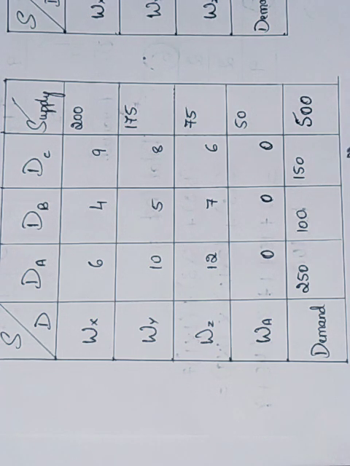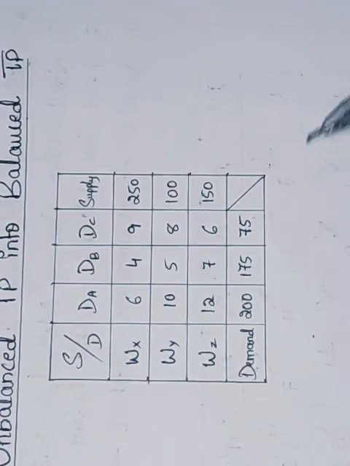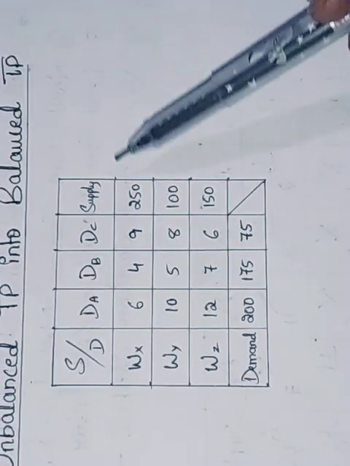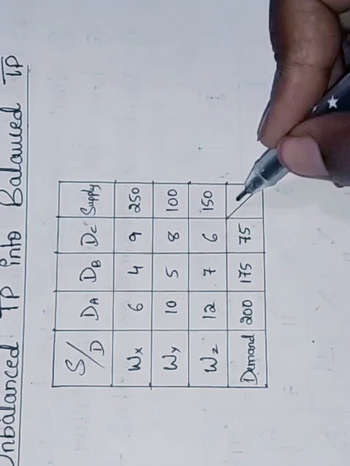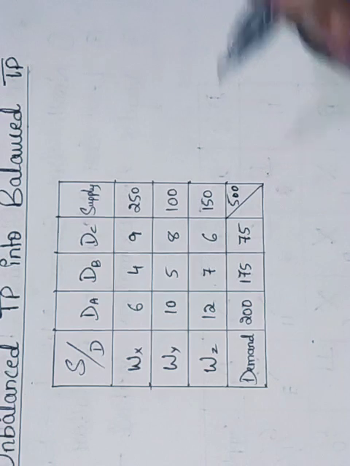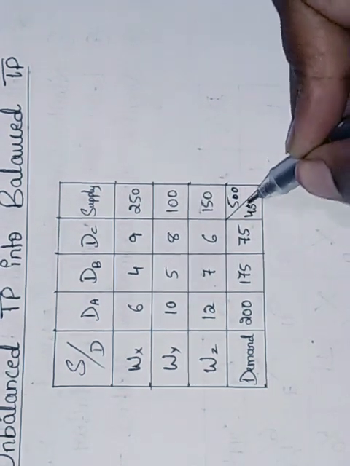In this problem supply was less than demand. Now let us see how to convert unbalanced into balanced when demand is less than supply. Look at this example. Look at the supply: 250, 100, 150, which is 500 units, and demand is 450 units.